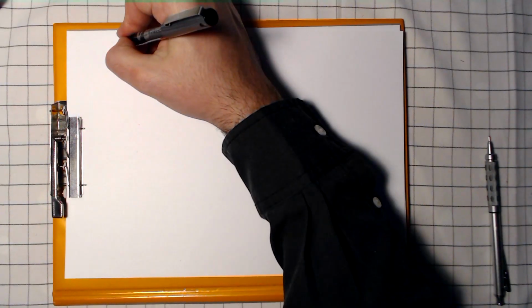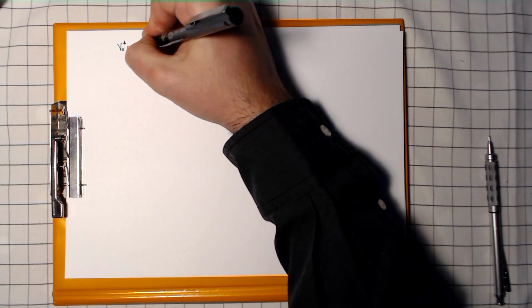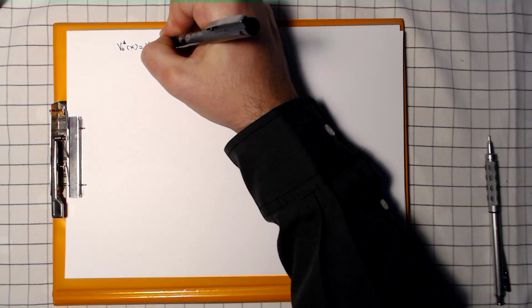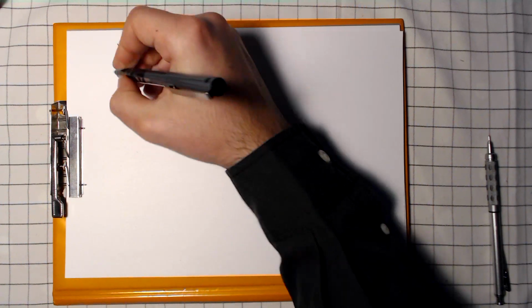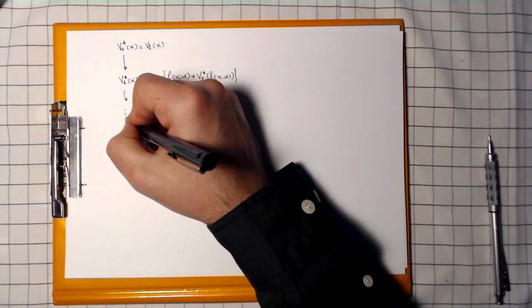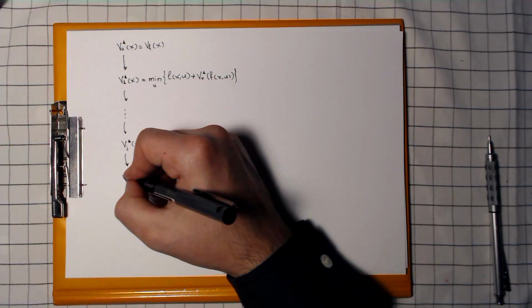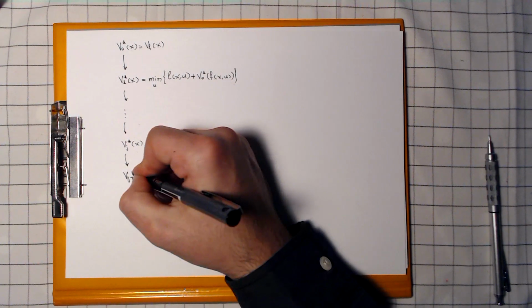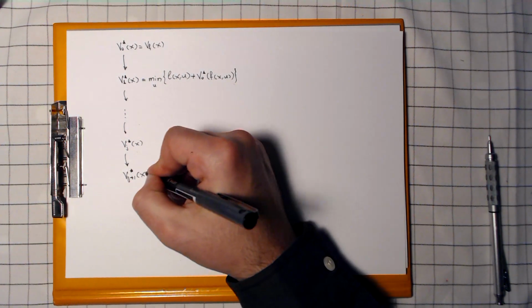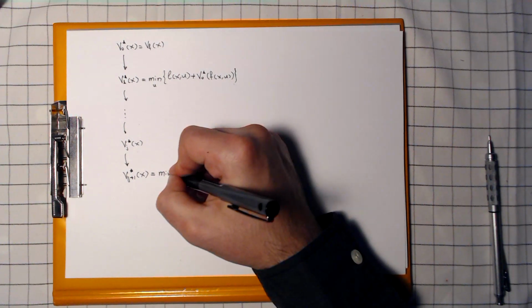So once again, we said we start at V0 star, which is Vf, and we follow this procedure over here. If we know Vj star of x, Vj plus 1 star of x as a function of x can be determined by this expression.